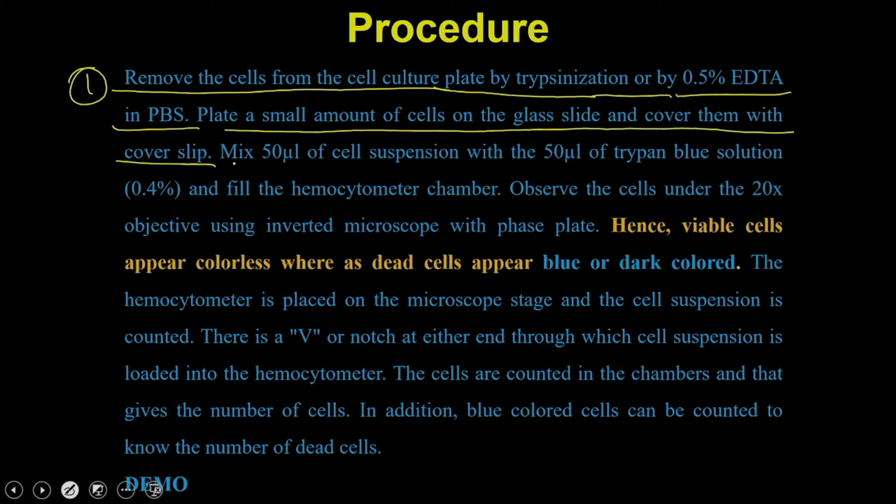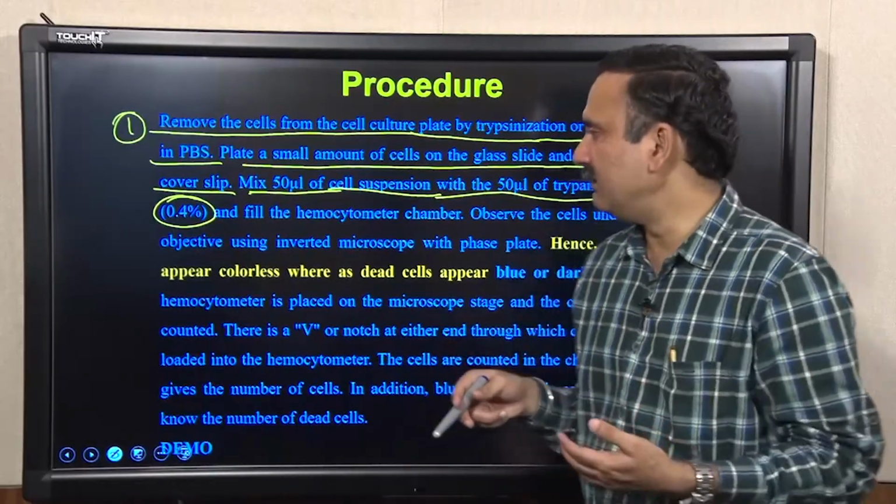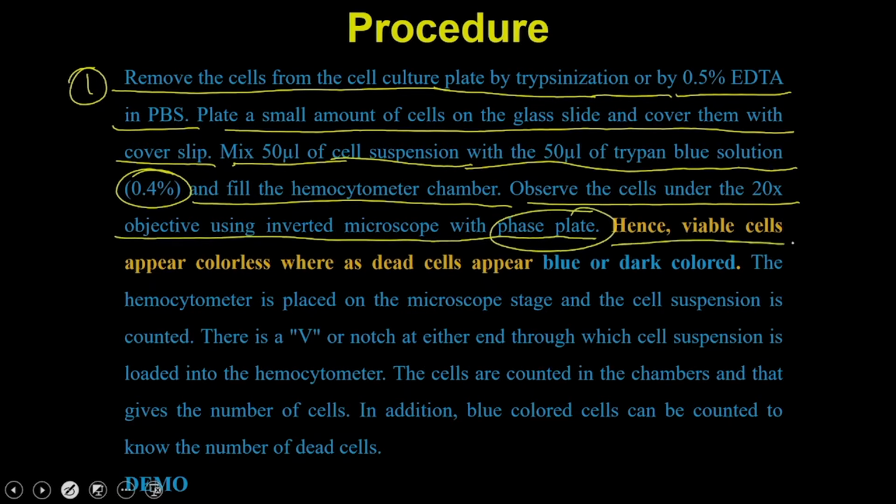Then you mix 50 microliter of cell suspension with 50 microliter of trypan blue solution. The 0.4% trypan blue solution is already available from different vendors that you can buy. Then you fill the hemocytometer chambers and observe the cells under the 20x objective using the inverted microscope with the phase plate. Viable cells appear colorless, whereas the dead cells appear blue or dark colored.